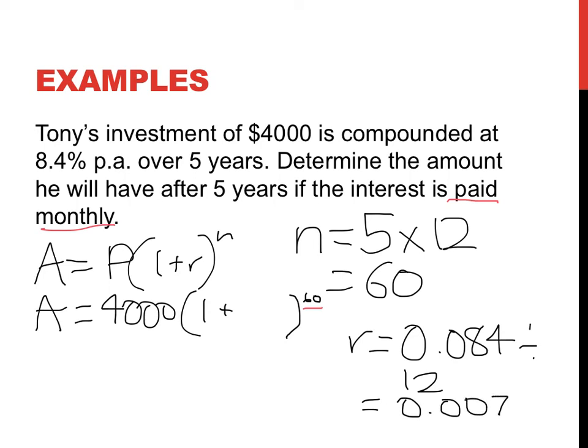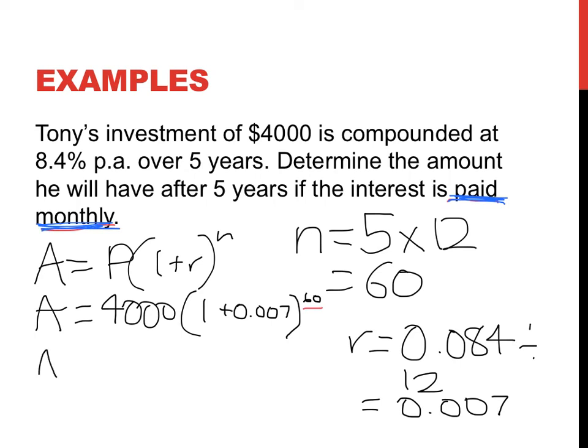So 0.7%. So when I get anything that is compounded in a time period shorter than a year, I must amend my rate and my compounding periods.